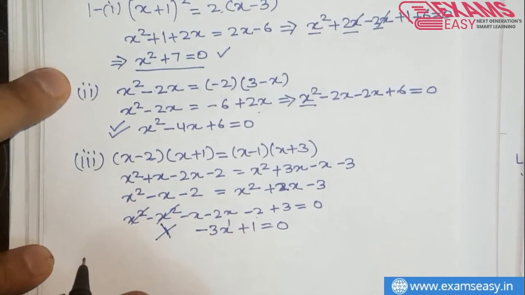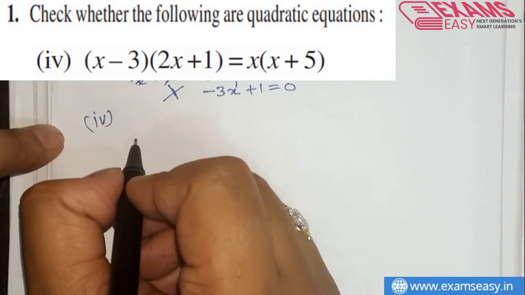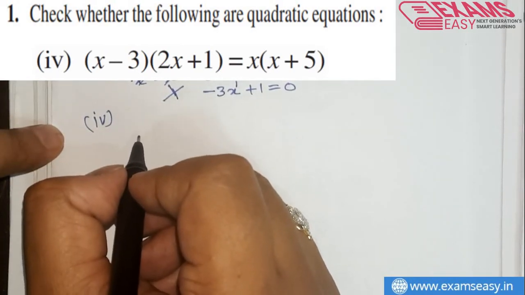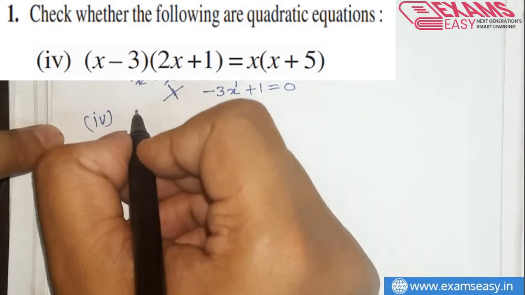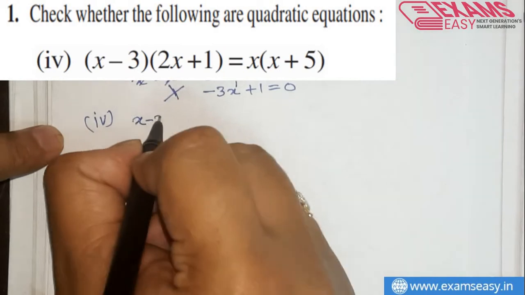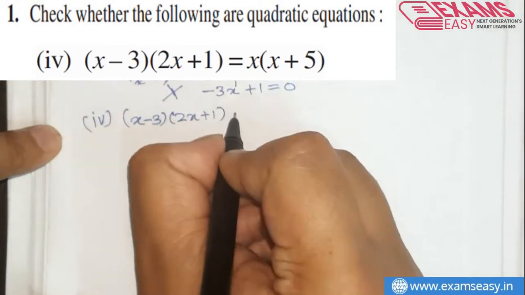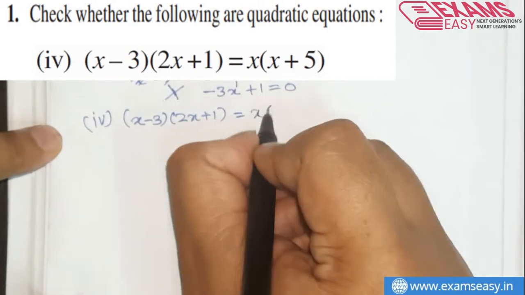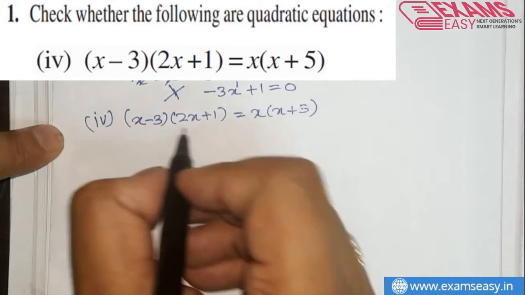Let us try the next question, the fourth question. Friends, you can also try parallelly with me. As I am solving, you can also try with your notebook. The fourth question is (x minus 3)(2x plus 1) is equal to x into (x plus 5). Now we will multiply.